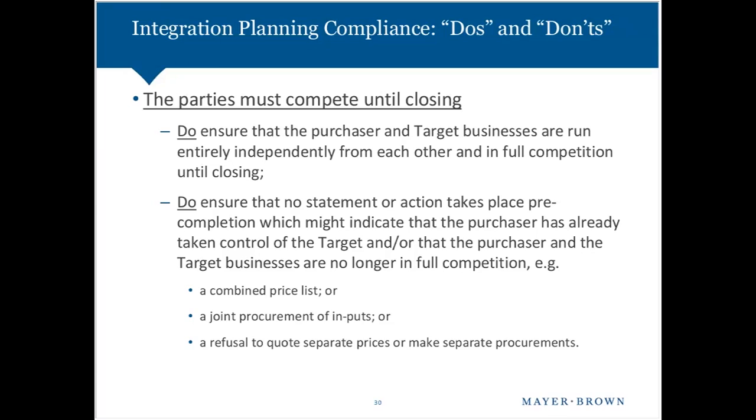That means that any statement or action which takes place pre-completion mustn't indicate something to the contrary, such as that the purchaser has already taken control or that the purchaser and target businesses are no longer in full competition. It's perhaps obvious, but there clearly are some absolute no-go areas, such as combined price lists or joint procurements, or even a refusal to quote separately in response to customer demand.